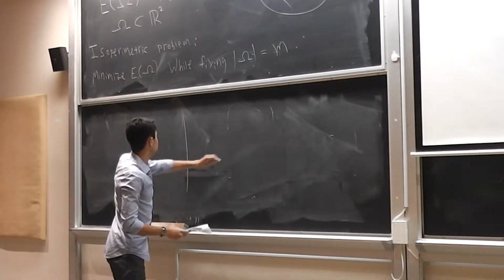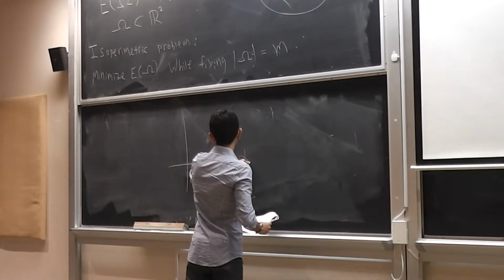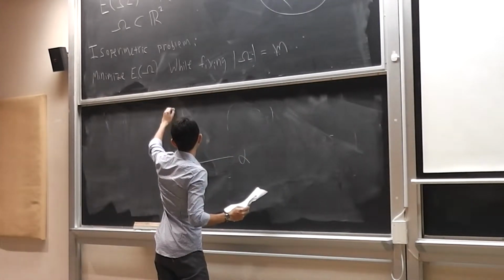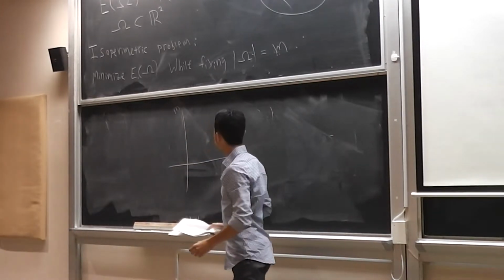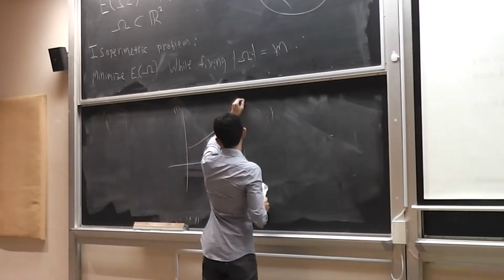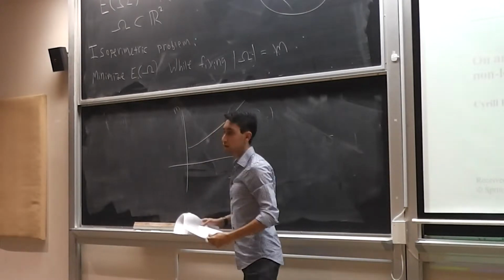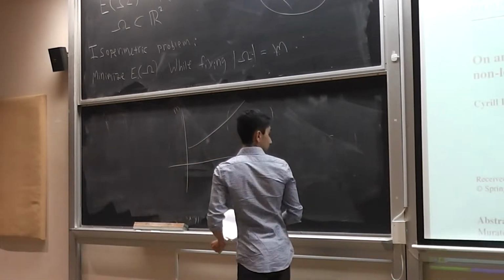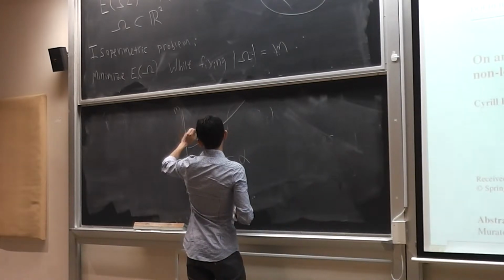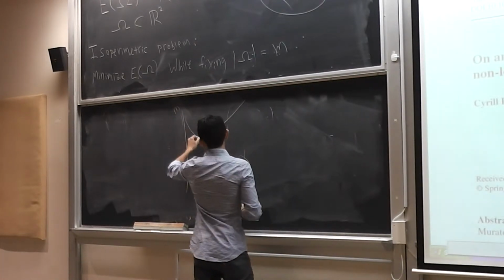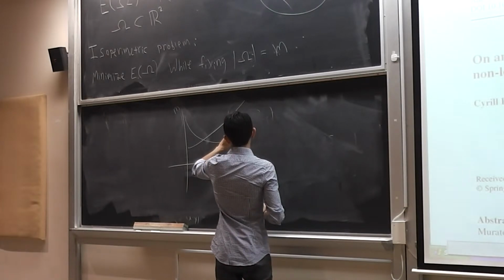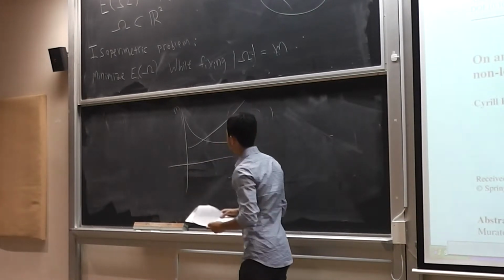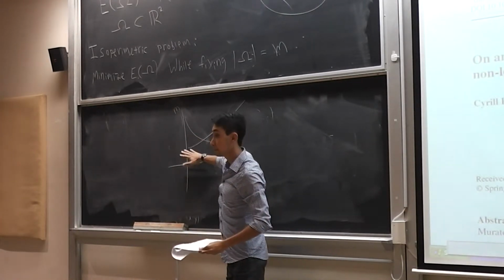So to summarize, right, we can look at parameter space, so you have alpha and m. We have this one curve for non-existence. So for m large, there is no solution to the problem. And we also have this one curve below which we know that the solution is a disk.